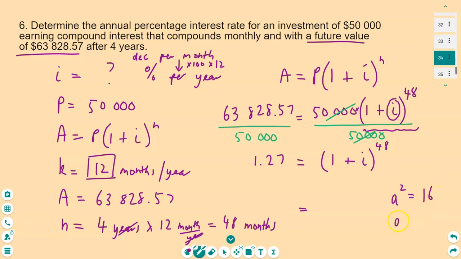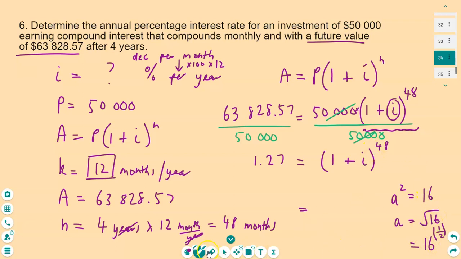To get rid of that squared sign, you can do the square root of 16, right? And that's also the same as 16 to the power of 1 on 2. You do the reciprocal of that power. If you try that in your calculator, 16 to the power of a half, you will get the same answer. You'll get 4.